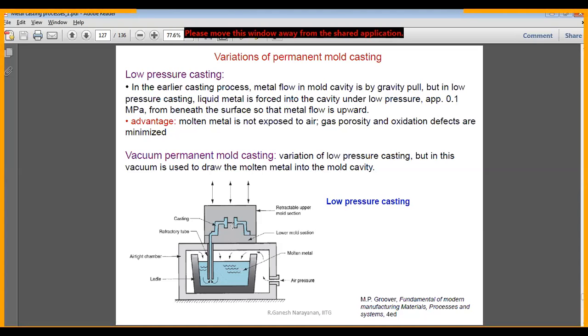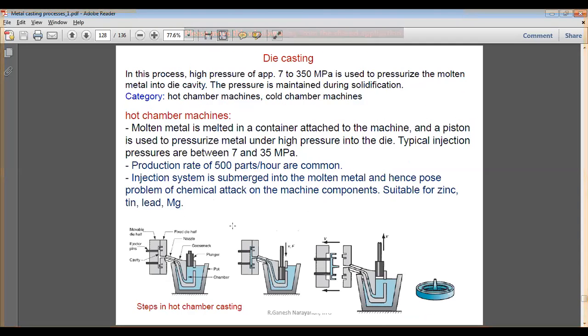At the same time it reduces many of the problems that the normal casting process has. So this is the reverse process in which pressure is applied to the molten metal to move upwards.